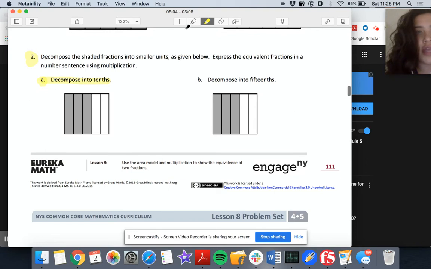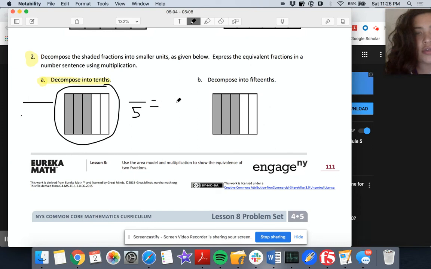So your own dashed lines from left to right. So in this first figure, think about how many lines you need to draw in order for these 5 pieces to turn into 10 pieces. So how many lines do you think you would need to draw for those 5 pieces to turn into 10 pieces?